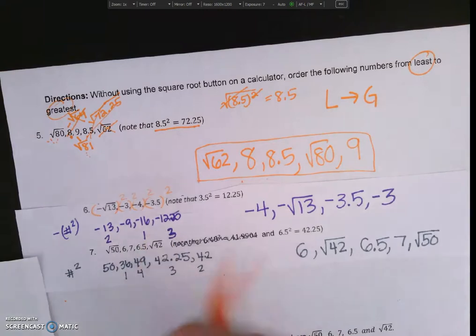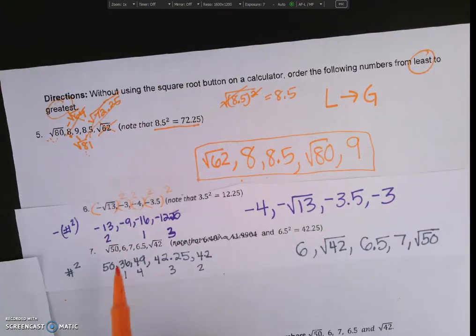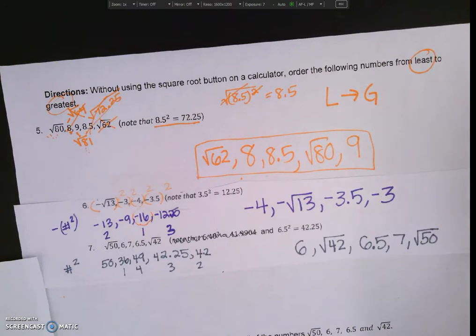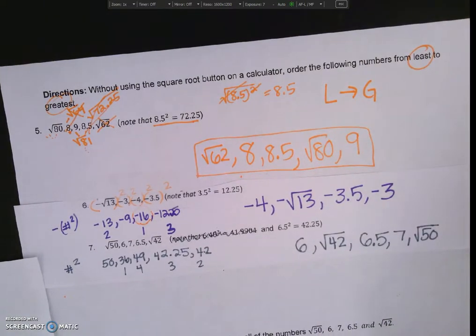So when I'm looking at these, -4, which is -16, is the smallest number. So you still have to remember, even though you're squaring, the original values were negative. So we go -4, negative radical 30, -3 and 5/10, and then -3 is our biggest or greatest number.